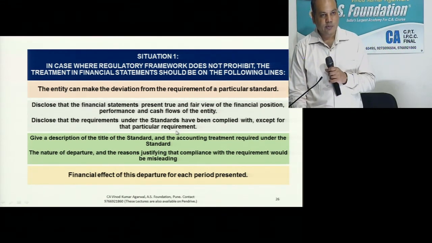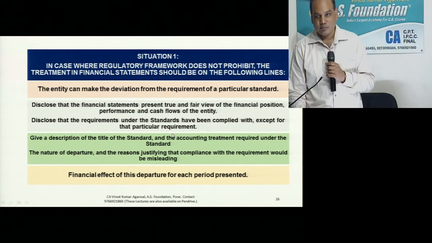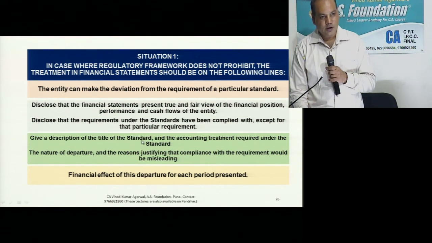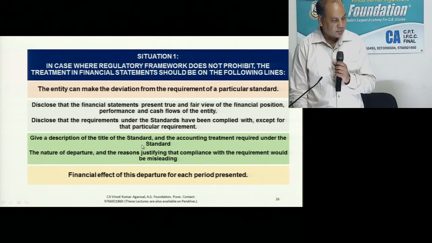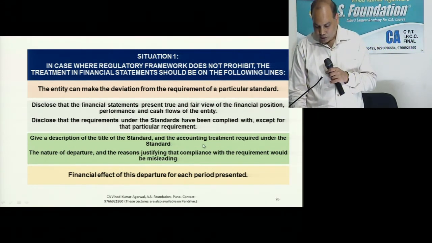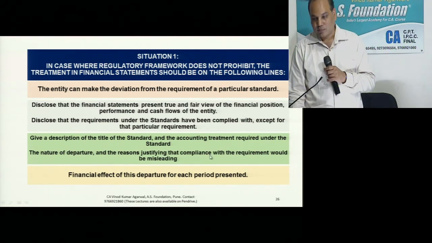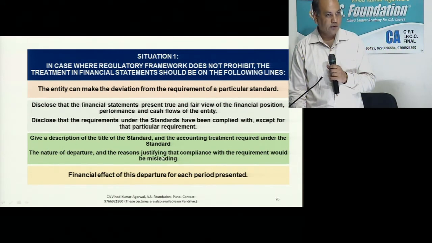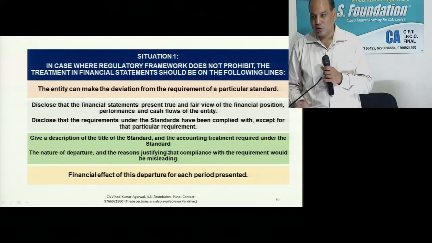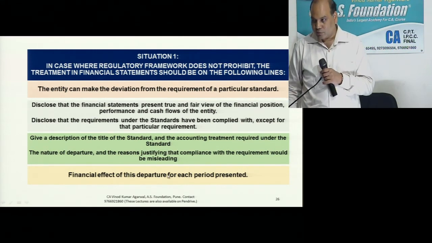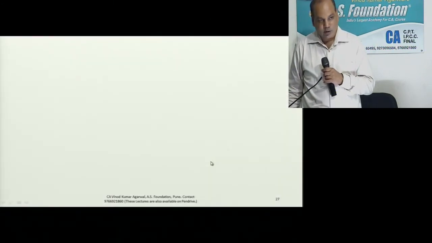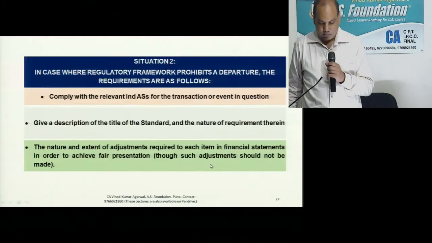Suppose in my example I am saying fair value of the derivative could not be arrived at. So you will say under Ind AS 109 fair value of the derivative is required to be ascertained, but we could not, and the accounting treatment required under the standard. The nature of departure and the reasons justifying that compliance with the requirement would be misleading. You will say that if I do fair valuation, it may be misleading because we don't know. The financial effect of this departure will be presented. Wherever possible, quantify the effect of deviation.